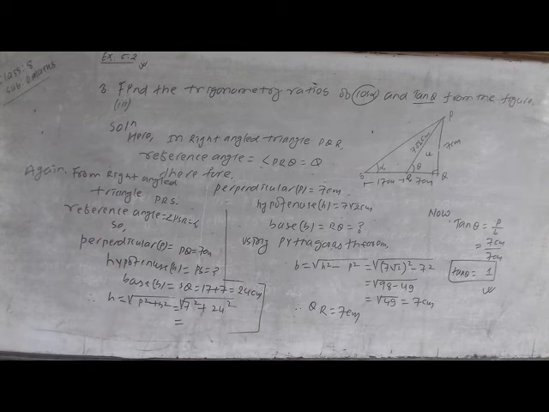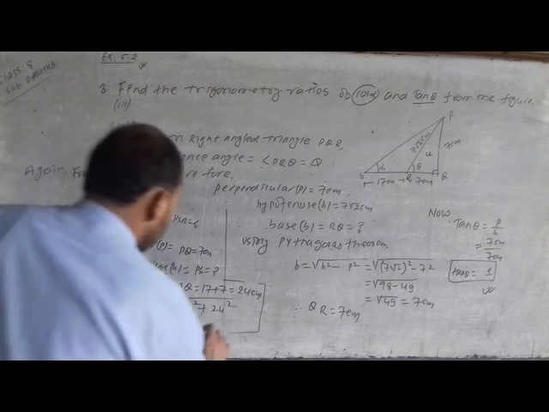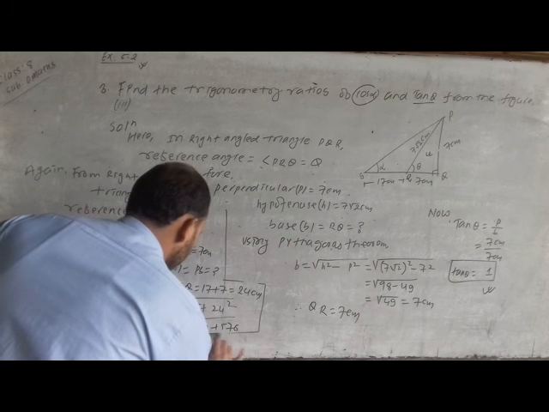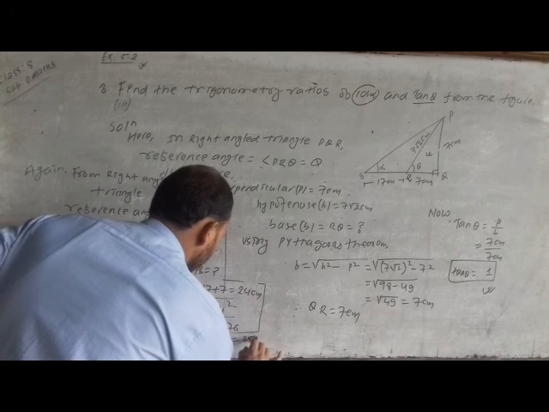Write down. When we calculate this, then we have 49 plus 576, in total we have 625, its root is equal to 25.